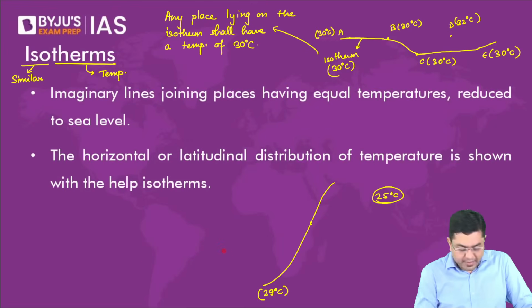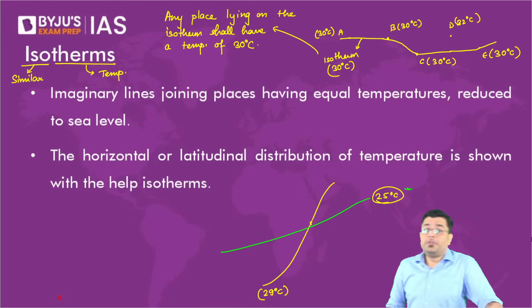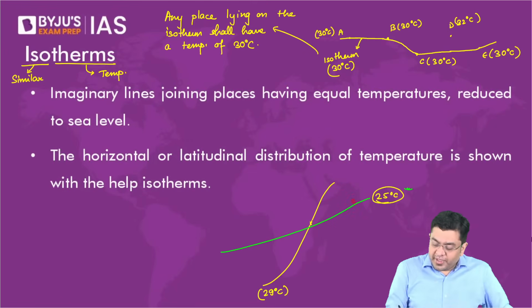Let me use a different color here. The 25 degree isotherm is green and the 29 degree C isotherm is yellow. So any place which is lying on this green isotherm will always indicate 25 degrees Celsius. That is why that isotherm is drawn. Here also 25 degrees Celsius. Similarly, any place on this yellow one will always represent 29 degrees Celsius, be it here or here.